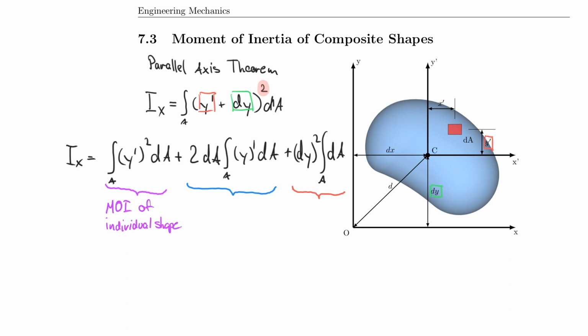And remember that this is also about the centroid axis of the individual shape. So this is what we have seen on the previous table.